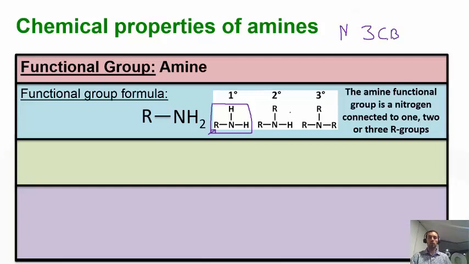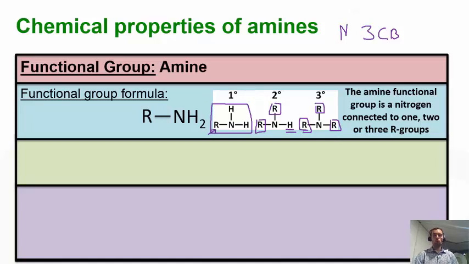But if the nitrogen atom within the amine group has 1 less hydrogen atom, there's more room for R groups. In this next example, the nitrogen has only 1 hydrogen attached, which means there's room for 2 R groups. And if there are no hydrogens attached, then all the positions bonding to the nitrogen can be filled with R groups, so they can attach to 3 different sets of atoms.